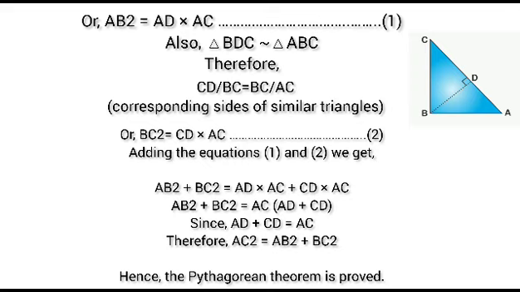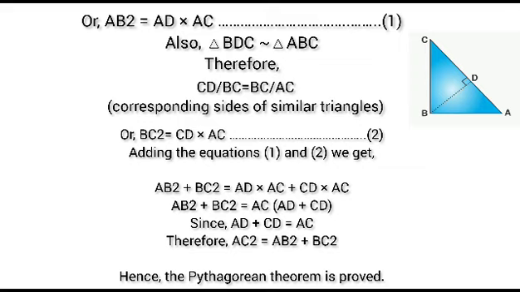Also, triangle BDC is similar to triangle ABC. Therefore, CD by BC is equal to BC by AC, which are the corresponding sides of similar triangles. Or BC square is equal to CD into AC, which is equation 2. Adding equations 1 and 2, we get AB square plus BC square is equal to AD into AC plus CD into AC.